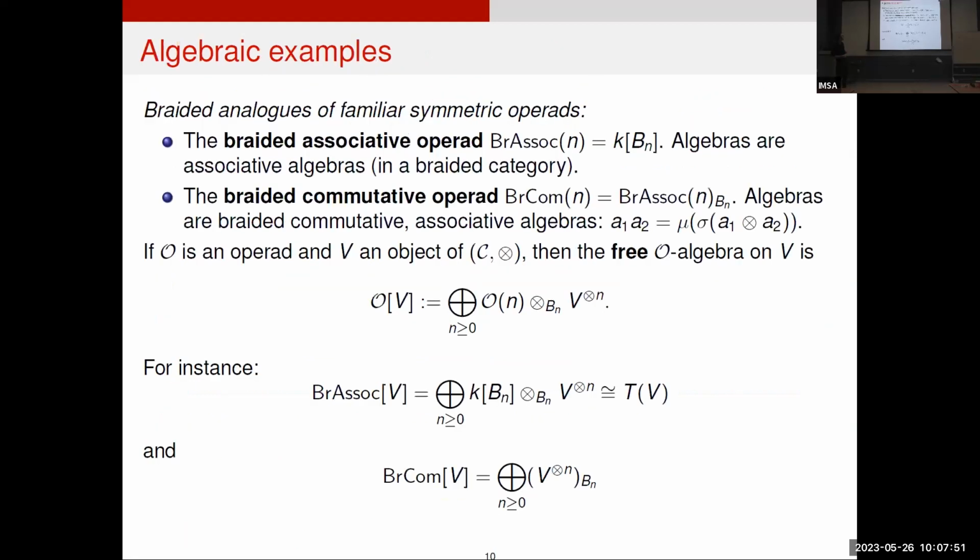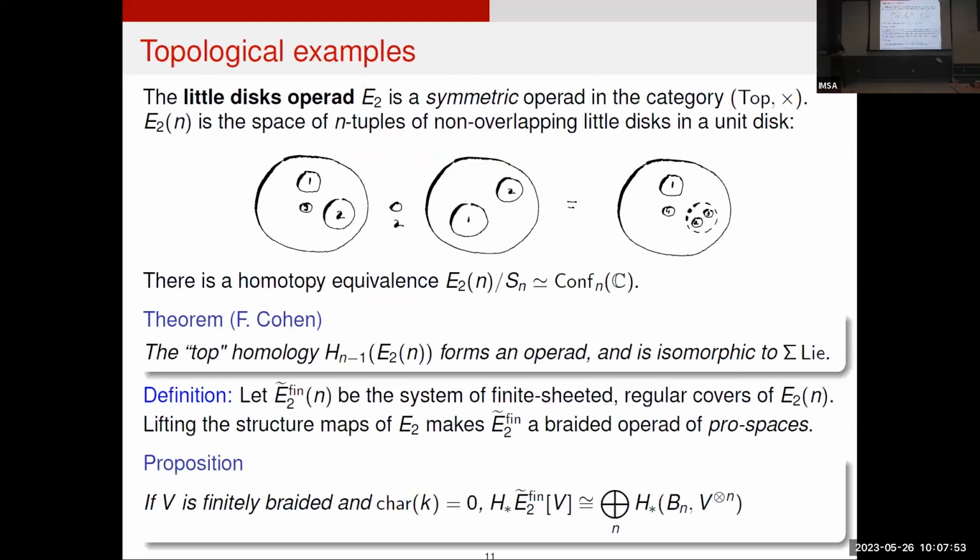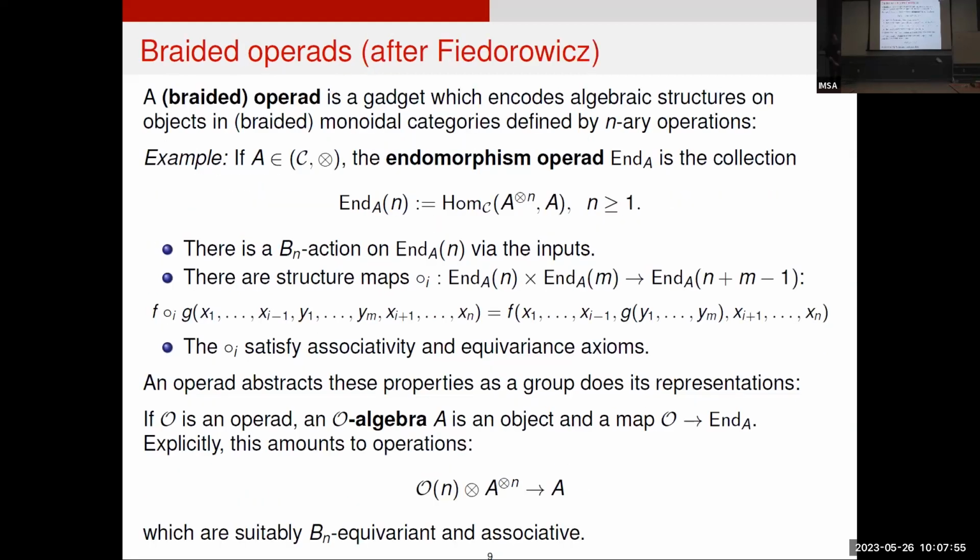What was Spirowicz's original motivation for incorporating the braiding? So he proved a recognition principle for the E2 operad. And the insight is that because the E2 operad's spaces are K(pi,1)s for the braid groups, their universal covers are contractible.